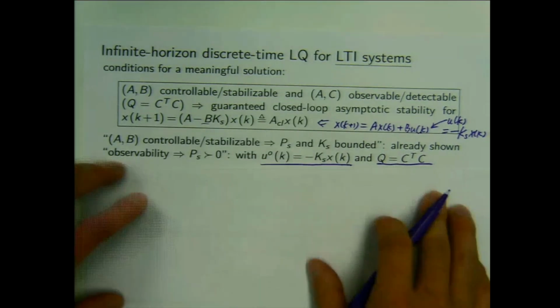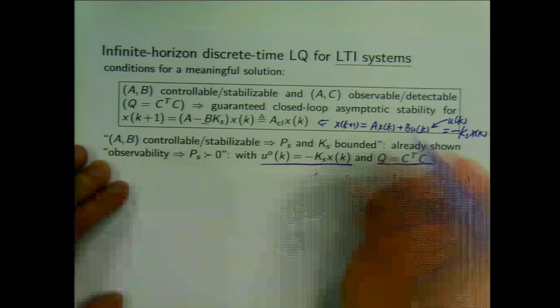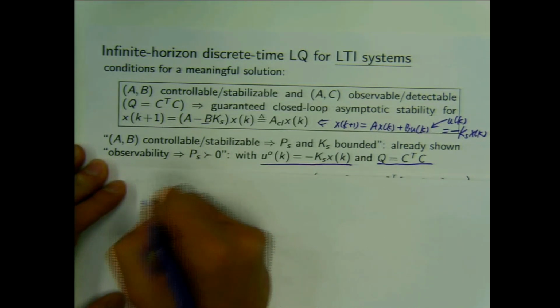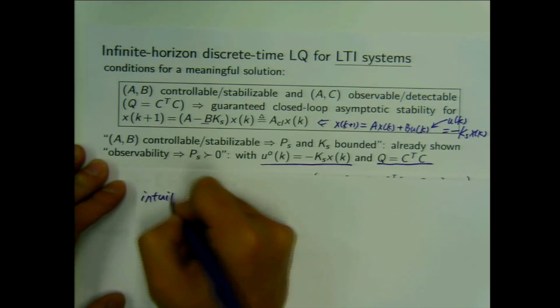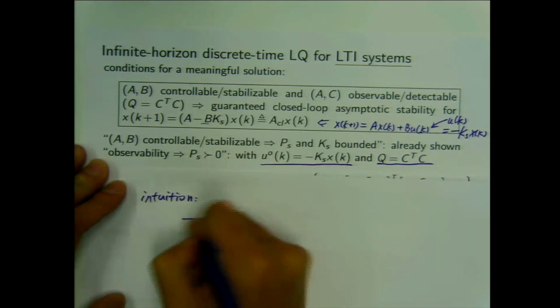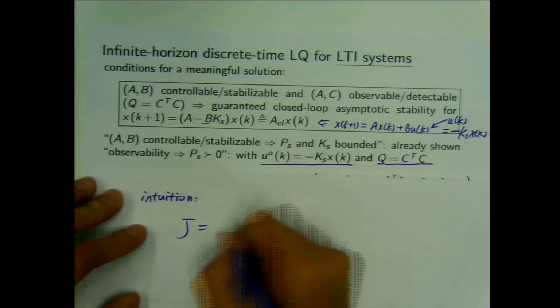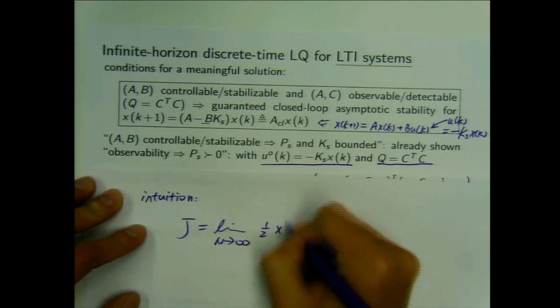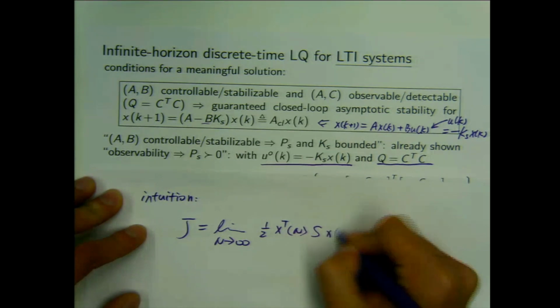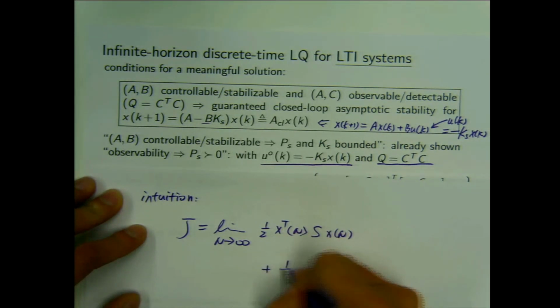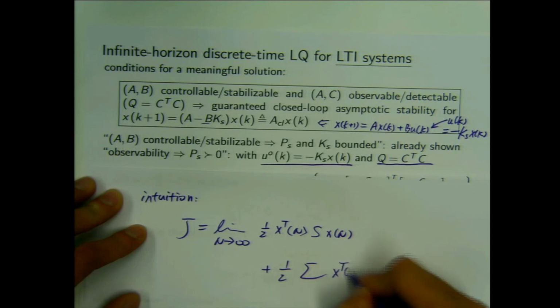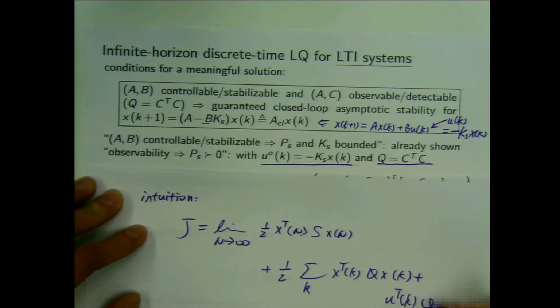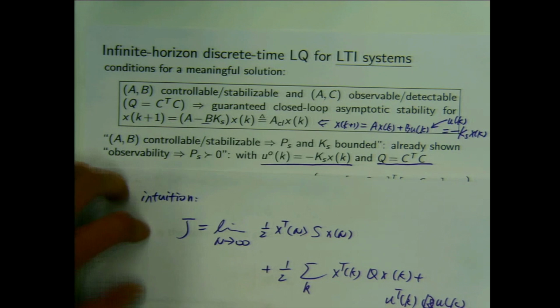Again, I'll start with some intuition for this condition first, and then we'll dig into the mathematical details. The intuition is like this. Remember, we have this cost function, summation over k to infinity of x_k transpose Q x_k plus u_k transpose R u_k.